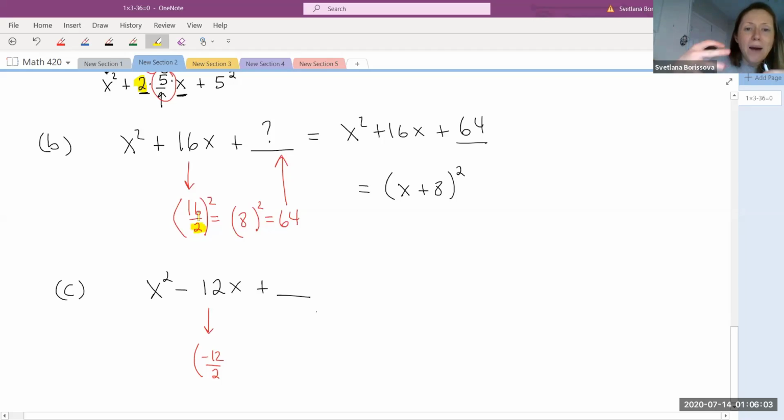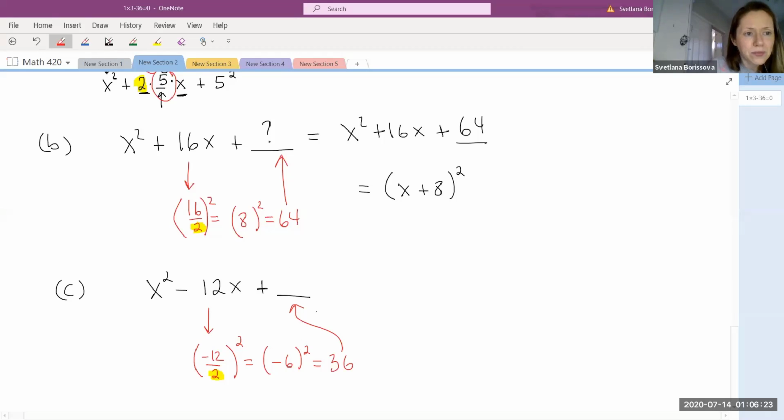It comes from that formula. It's always going to be 2. And then you have to square. So that's negative 6 that I have to square. That gives you positive 36. And that's what you'll write in this spot. So plus 36. And now that is the perfect square trinomial.